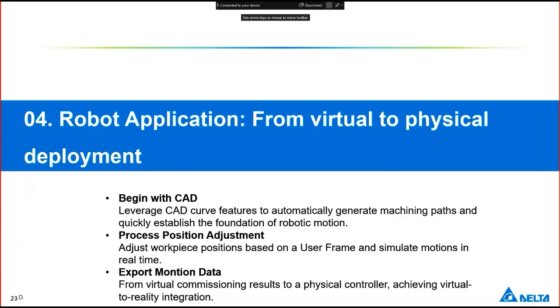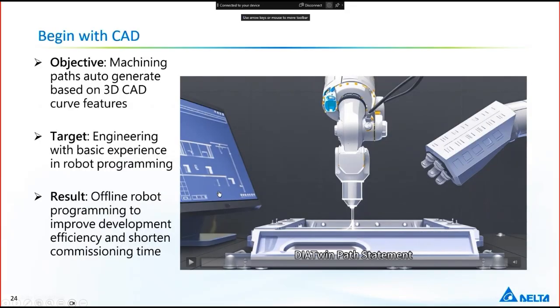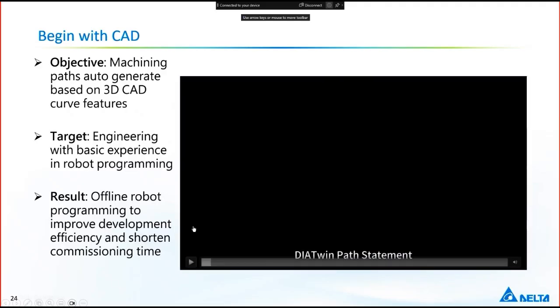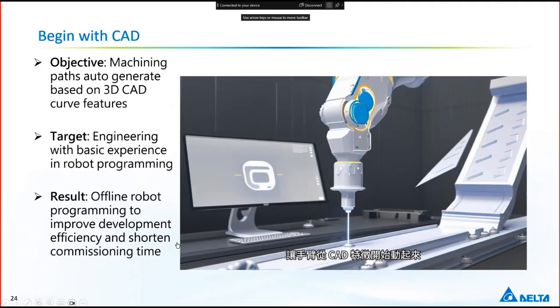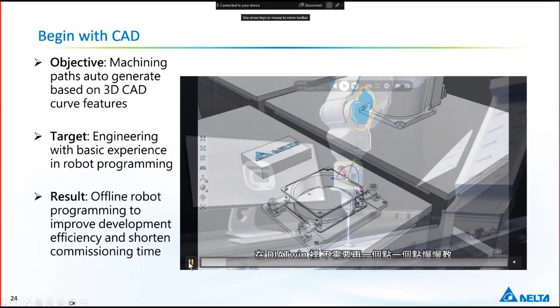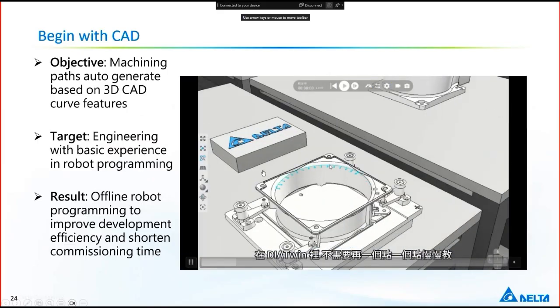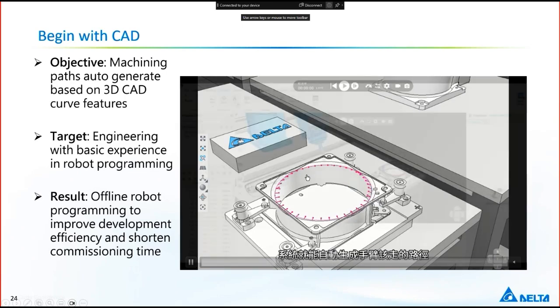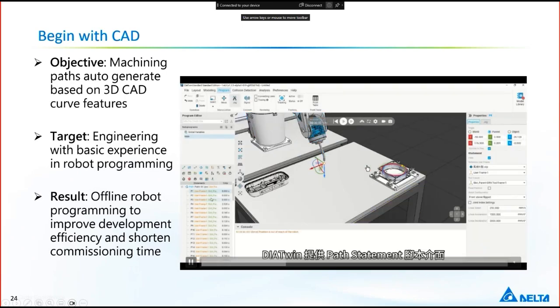Next is from virtual to physical deployment. This one is based on importing the CAD, then we start the engineering process from the CAD file, like programming and searching the path for the robot.